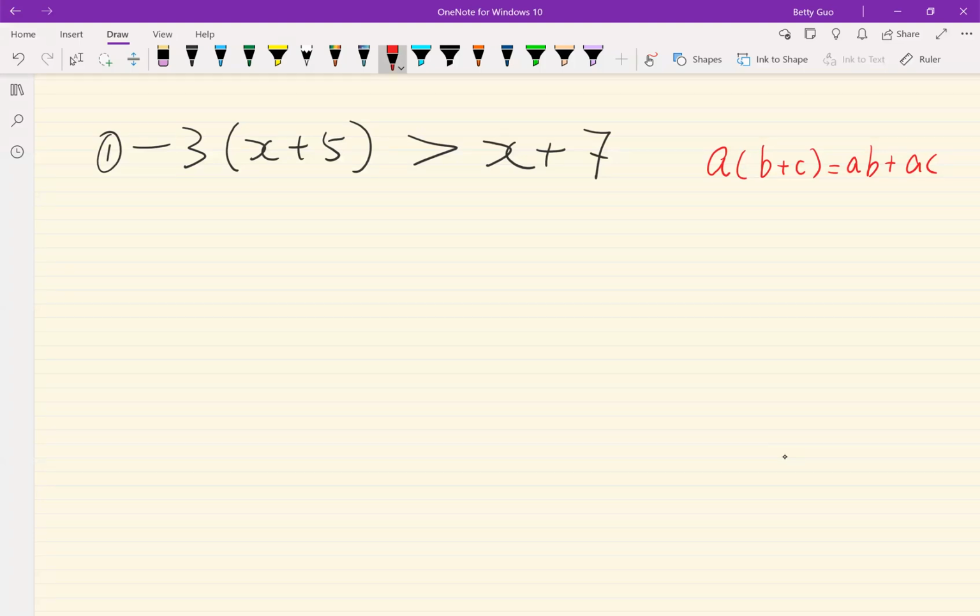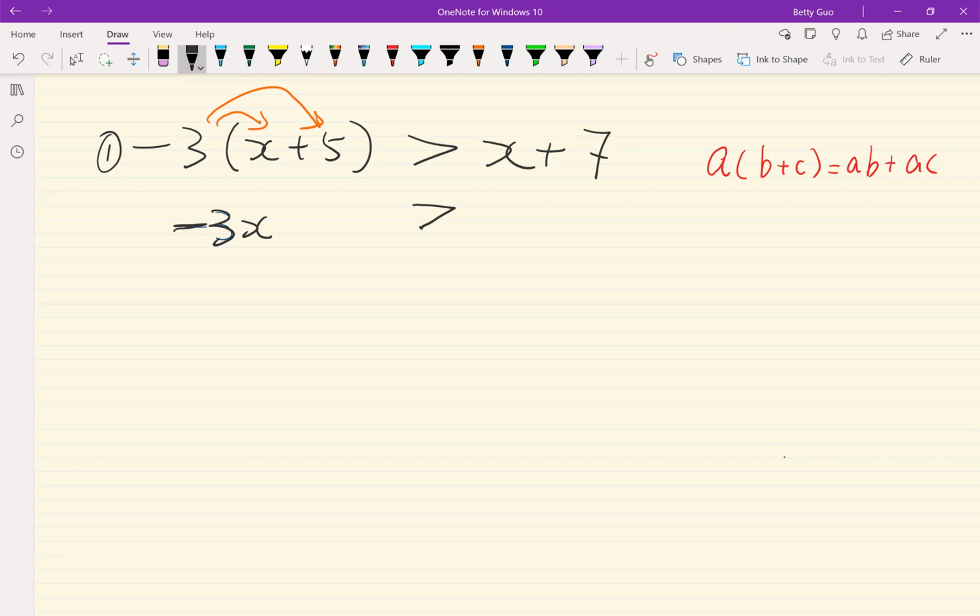Let's look at this inequality. Firstly, we simplify both sides. This inequality symbol, I copy it. Left-hand side, negative 3 times parentheses x plus 5. I apply the distributive property. Negative 3 times x, negative 3x.